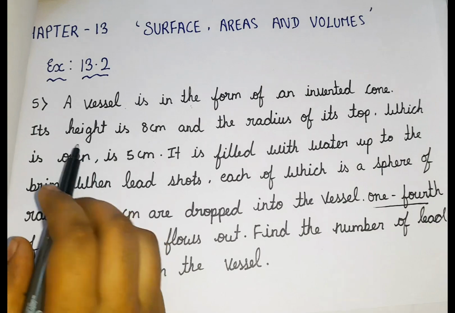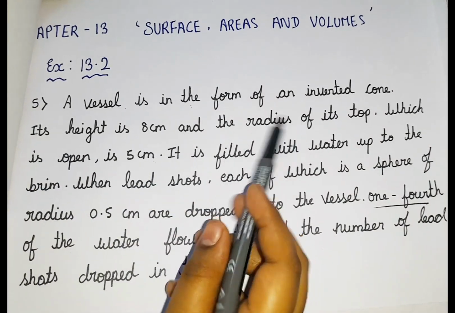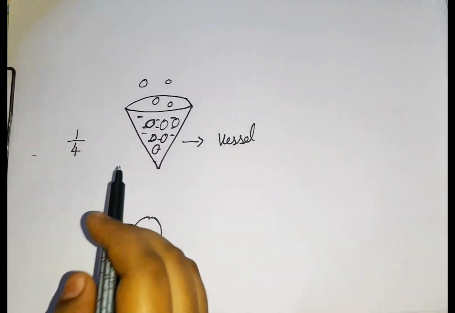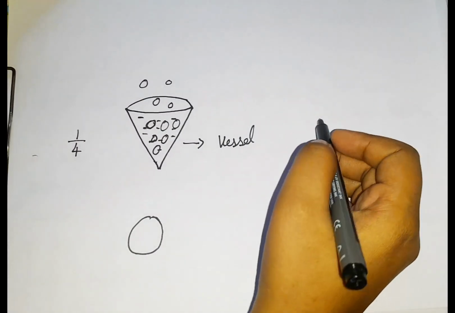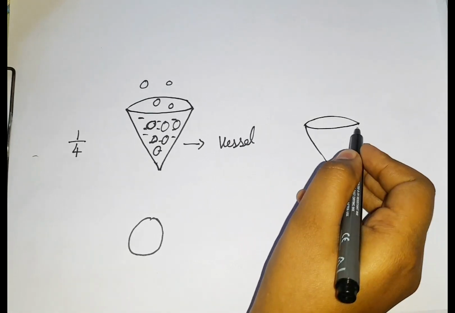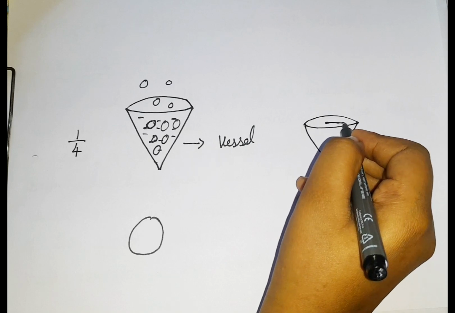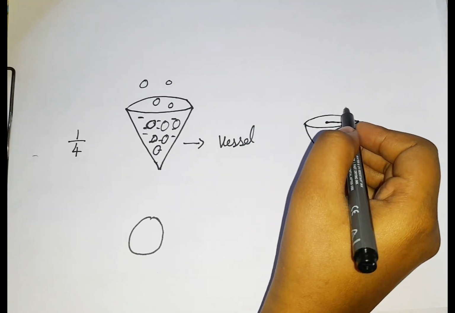According to the question, the height of the cone is 8 centimeter and the radius is 5 centimeter. Since it is somewhat difficult to understand, let us draw another cone. What is the radius? The radius is 5 centimeter, right?